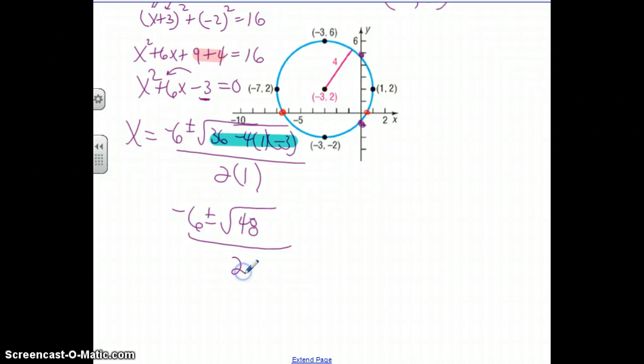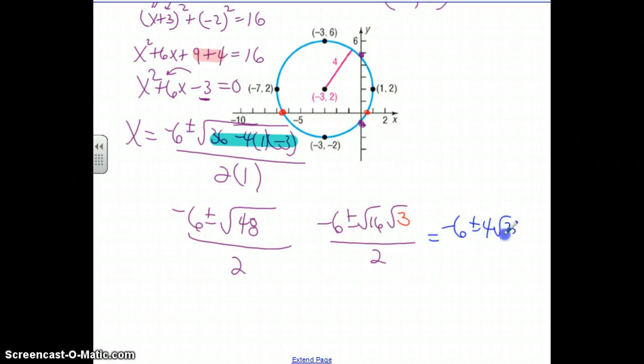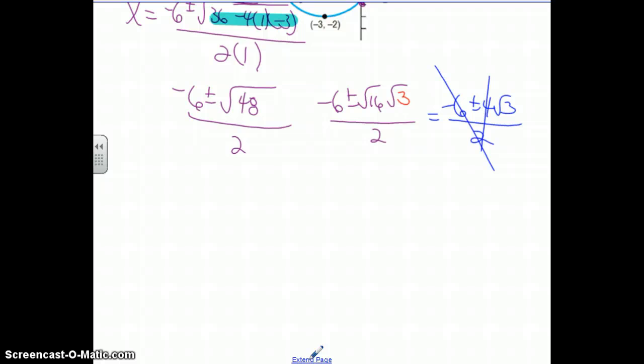And I believe 48 divides by 16, so -6 plus or minus the square root of 16 times 3, which is the 48. Cleaning this up a little bit more, -6 plus or minus 4 square root of 3. Now be careful here, you cannot cancel part of the sum, but you can cancel both terms. So if I divide every term through by 2, I'll end up with -3 plus or minus 2 square roots of 3.